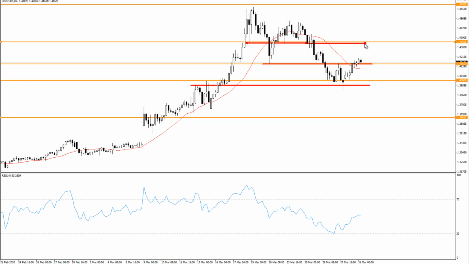This sort of thing would be our next target to the top side. And again, we kind of reassess at that point. If we can get through 143, then we're looking for a re-challenge of those big peaks up there, with this one as an interim resistance.